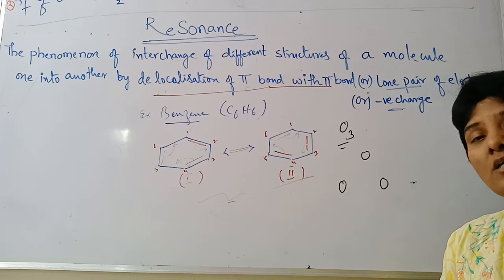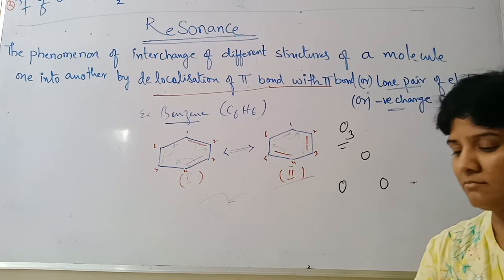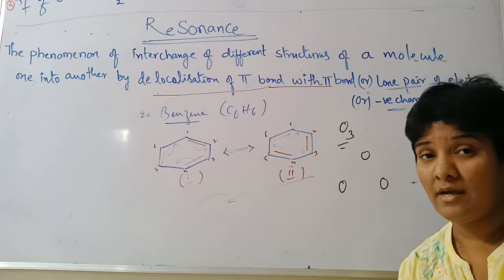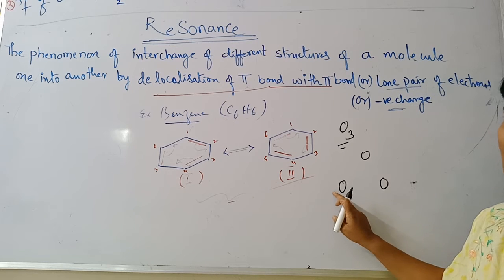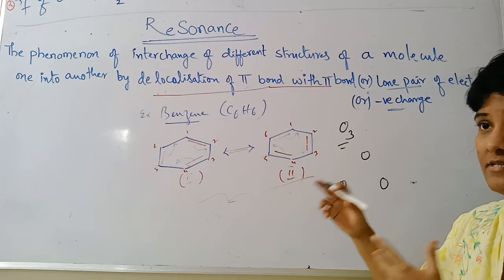How many electrons are required for oxygen to get stability? 2 electrons, because it already has 6 electrons, and by getting 2 electrons each oxygen atom becomes an octet. Therefore it attains stability.